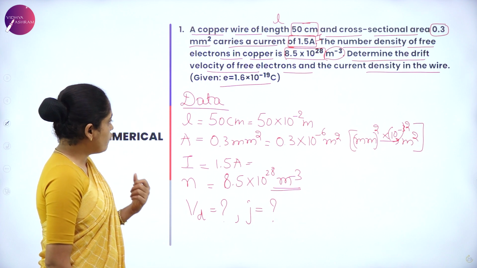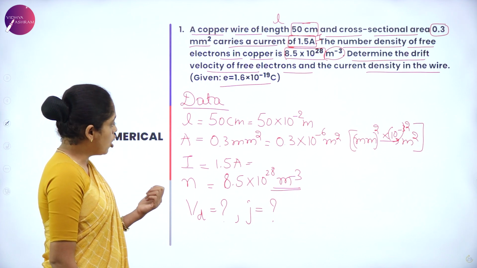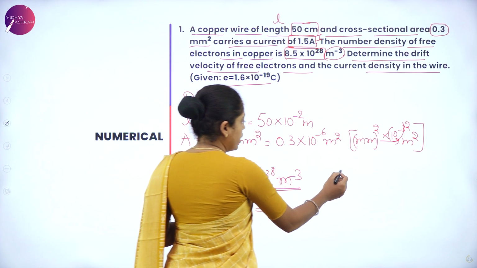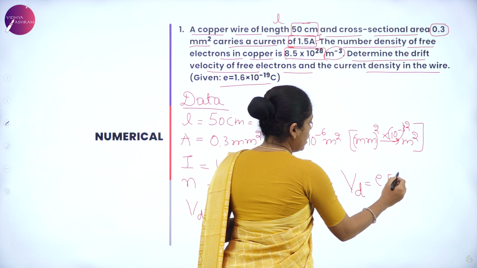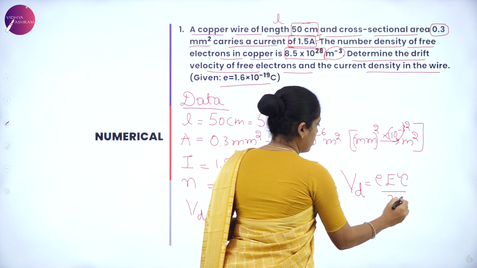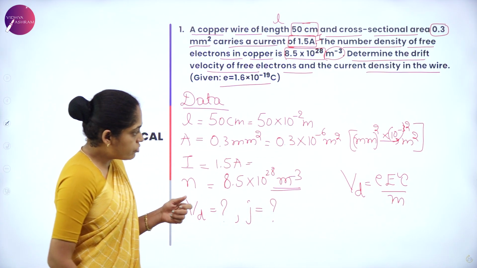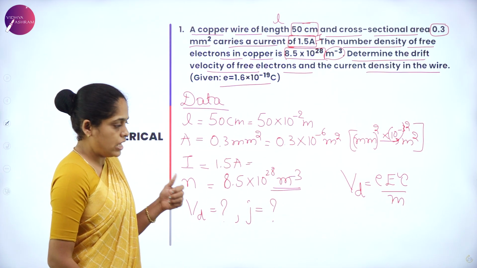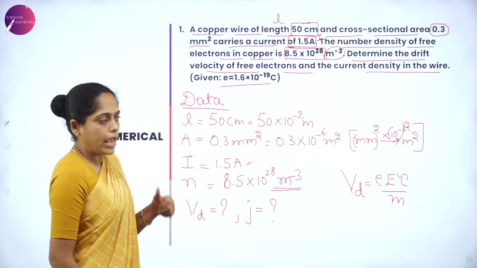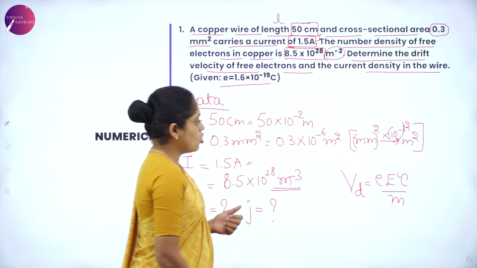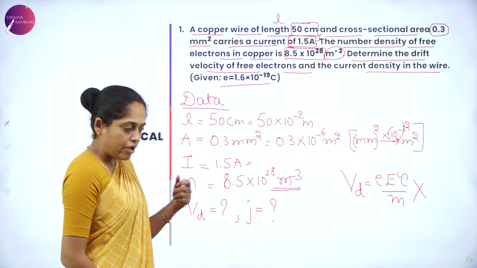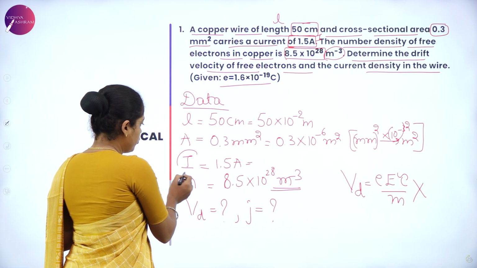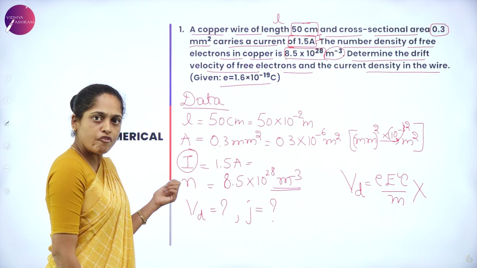Now, the formula to find the drift velocity according to the drift velocity definition is Vd equals E tau by m. But we don't have tau, E, and the mass m of the electron. Therefore, this is not a suitable formula. Instead, we have a formula of drift velocity in terms of current.